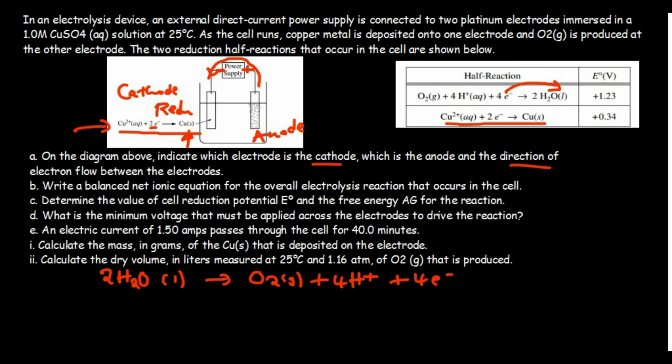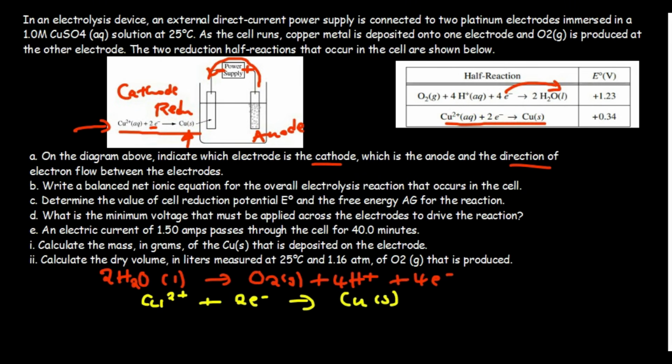Then the other equation we have is copper 2 plus, so that one is as it is. We have copper 2 plus plus 2 electrons giving us copper solid.